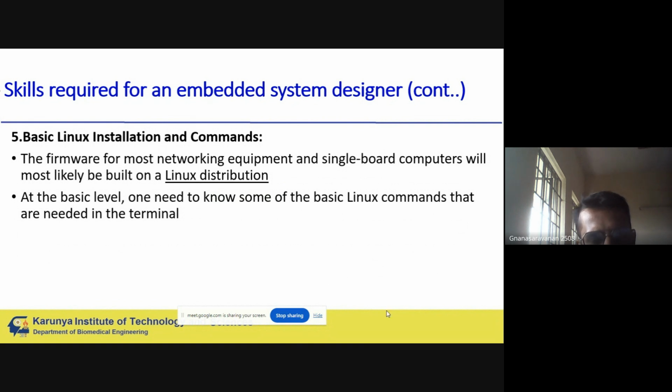There is one more point. Probably it comes under the Linux platform itself. That is an optional skill, and I think I missed mentioning it: knowledge of working in Python.